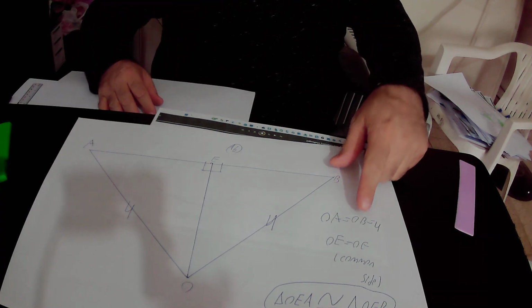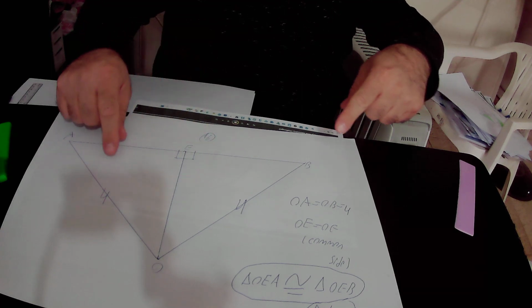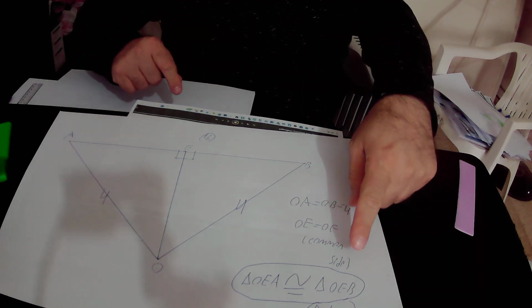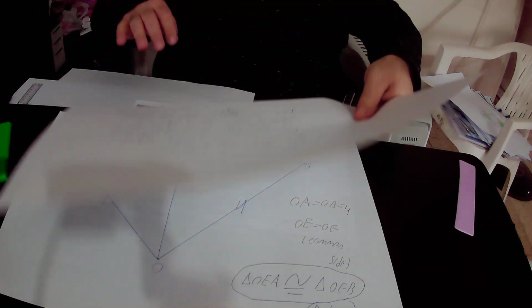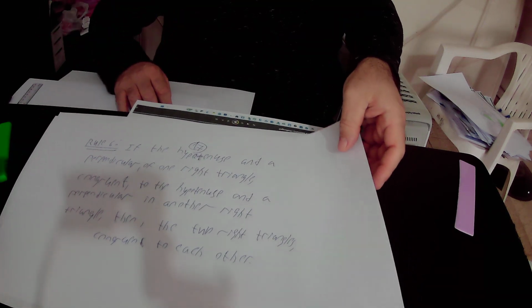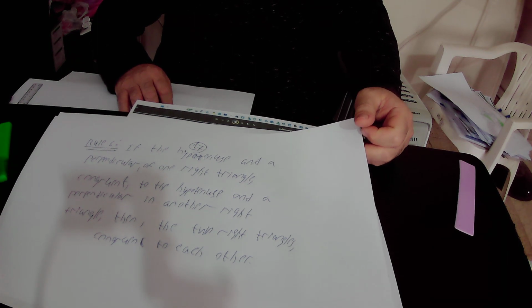By proving those two things, we actually proved that triangle OEA is congruent to triangle OEB according to rule number 6. And what is rule number 6? Rule number 6 states that if the hypotenuse and a perpendicular of one right triangle are congruent to the hypotenuse and the perpendicular in another right triangle, then the two right triangles can go into each other.